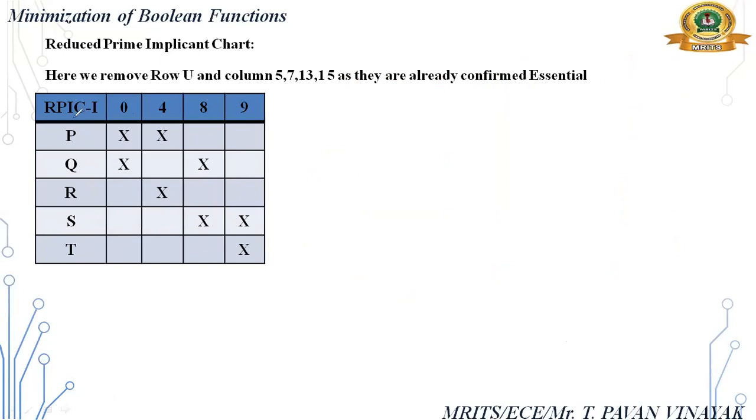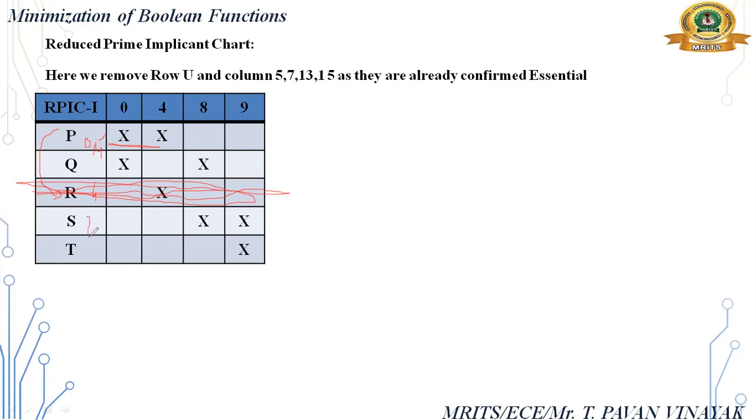Let us check P and R. In P and R, what happened? 0, 4 and 4. Which one is preferred? We can neglect this one because 4 is already available here, so we can remove the R row.